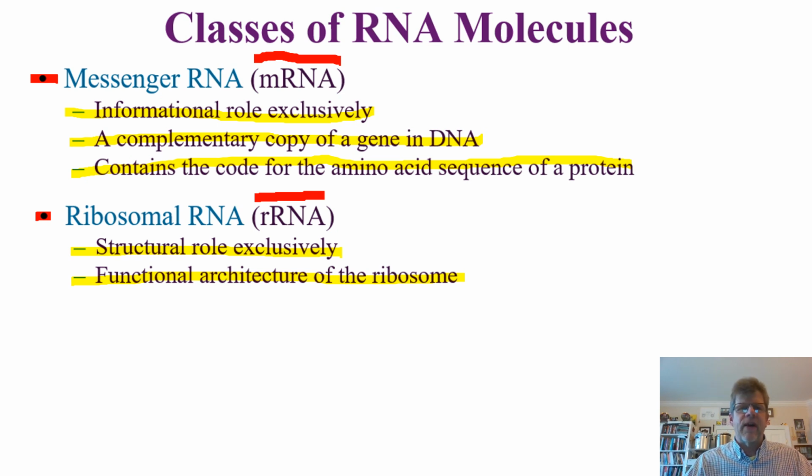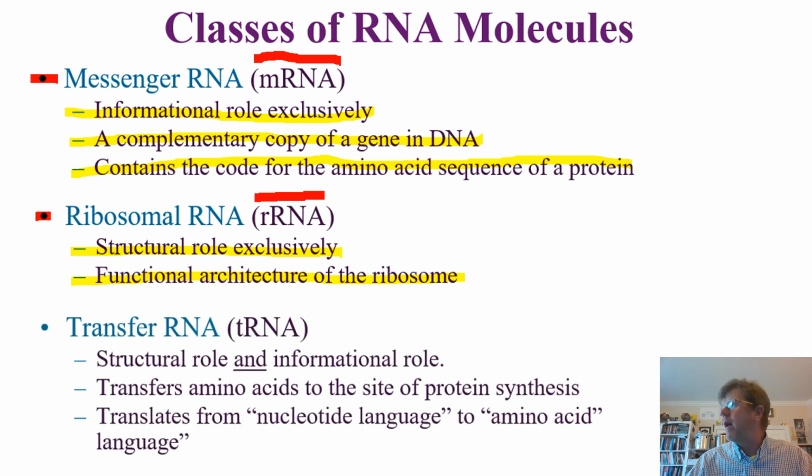Our third class of RNA, which may take a little bit more discussion, is known as transfer RNA, given as lowercase t RNA as its acronym. It has attributes of both of our previous RNAs. It plays both a structural role and an informational role in protein synthesis.